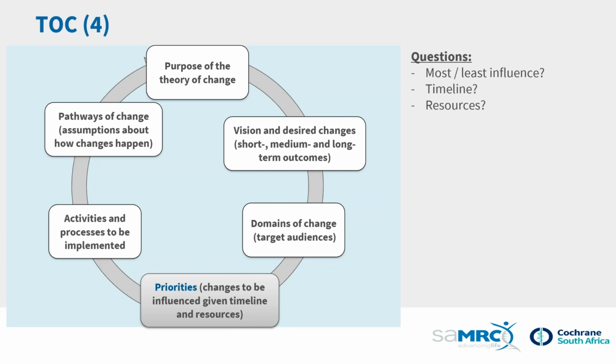Which KT activities, processes, and outputs are feasible to implement? What are our timelines for implementing the KT program? What resources, for example, time, personnel, money, do we have to be able to implement the KT program?